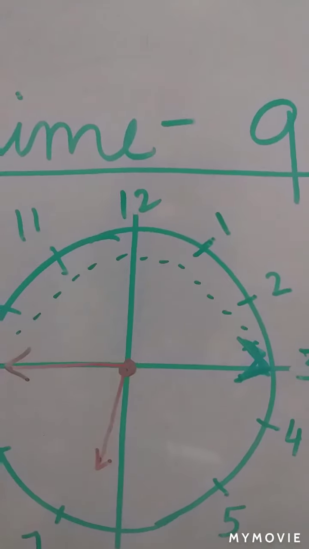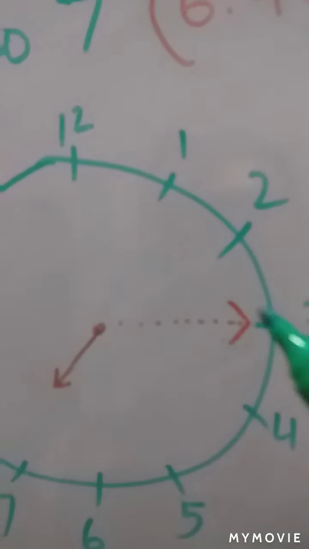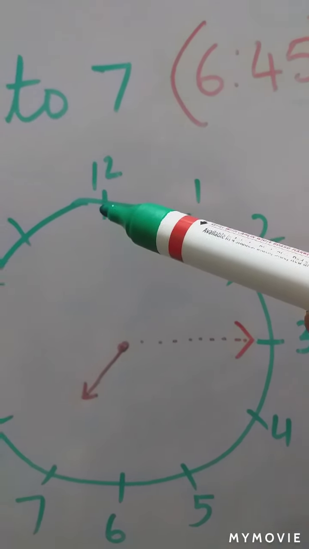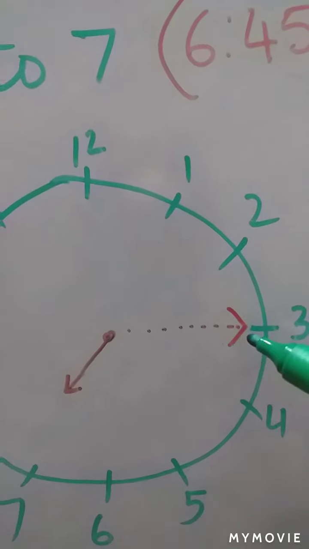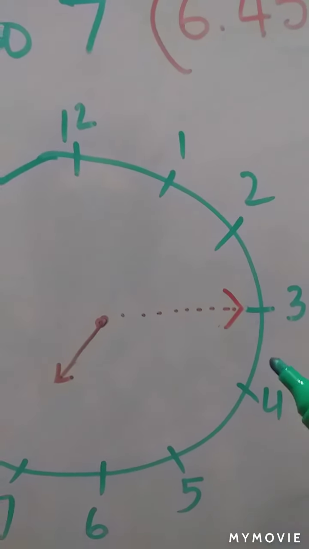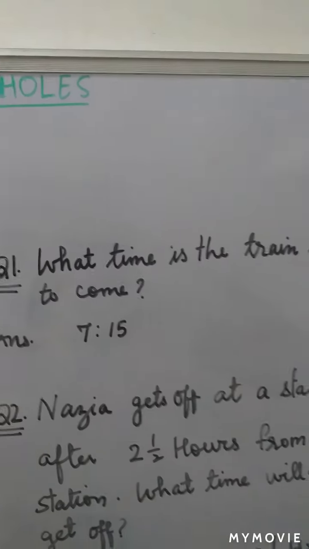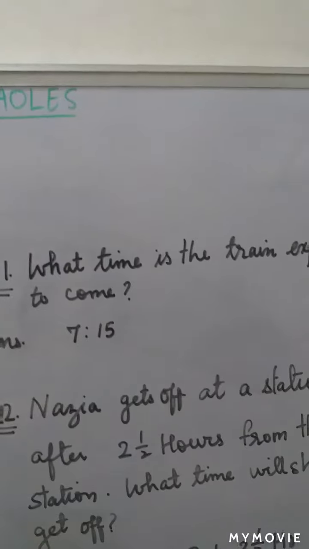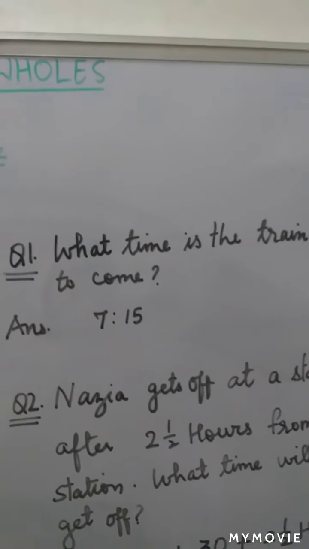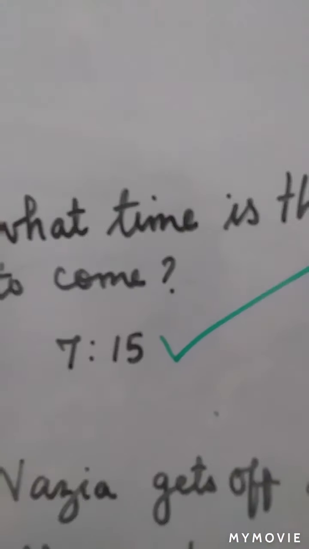So the time will be 7:15, because when it comes to 12, it will be complete 7 o'clock, and 15 minutes more, it will be 7:15. So first question is, what time is the train expected to come? The train is expected to come at 7:15.